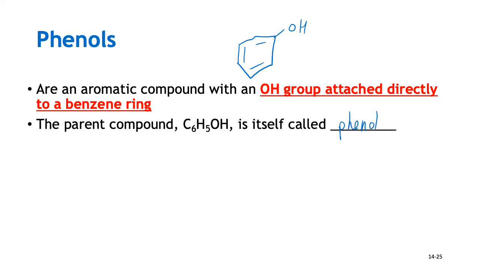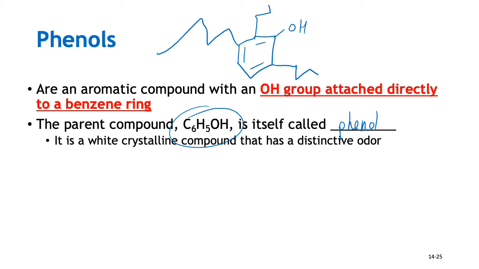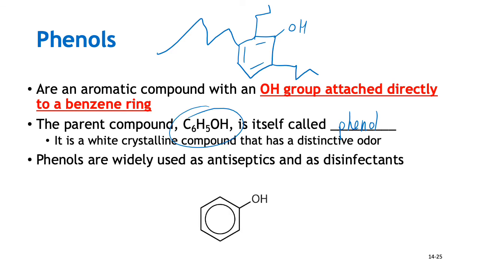And so all I'm saying is phenols are any compounds that might have all kinds of things attached to it. But the actual compound itself, C6H5OH, is called phenol. You will want to know that. It's the one I talked about that is in throat sprays for that numbing property, and it's also highly dangerous in the industrial sense. There's the structure right there, used as antiseptics and disinfectants.